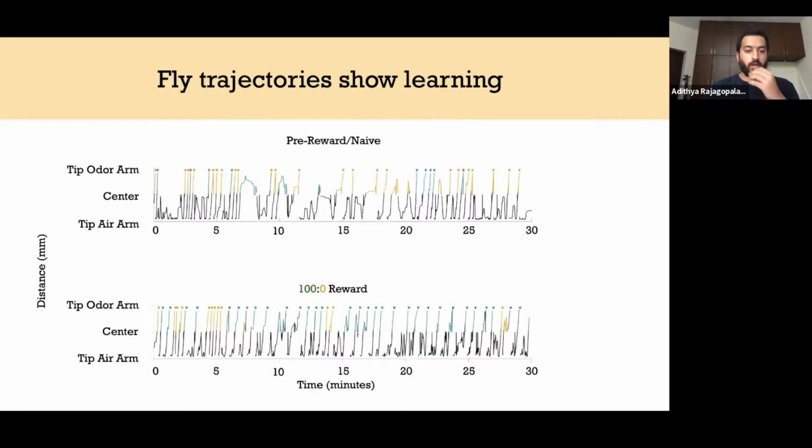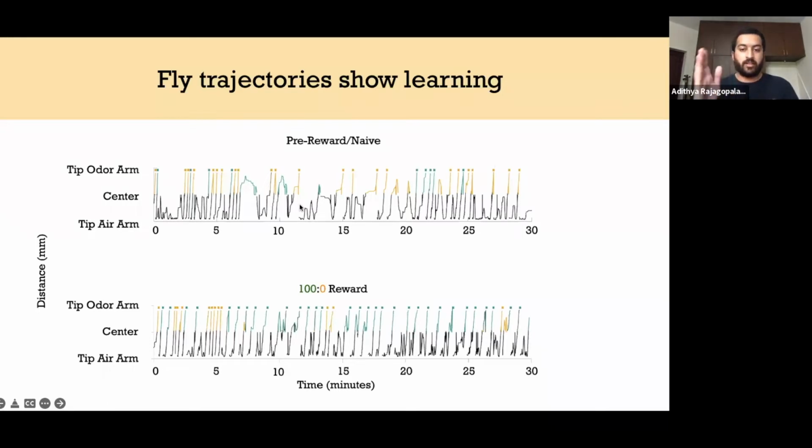And so in a task where one of the options was rewarded 100% of the time, and the other option was not rewarded at all, we initially measured just naive choice preference and found that the flies tend to choose pretty randomly. In this particular example, the fly has a slight preference for the yellow option compared to the green option, but its movement is also a little bit slower.